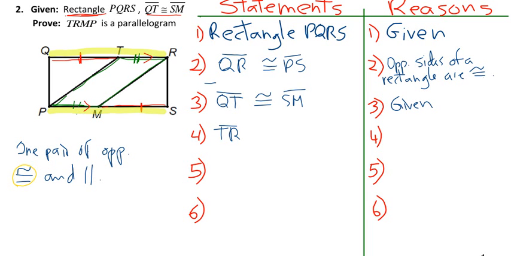Now after I do the subtraction, of course, QR minus QT is TR and PS minus SM is PM. So these two pieces should also be congruent. And what did we do in order to get this result? We subtracted here. So we got as number 4 the subtraction property.